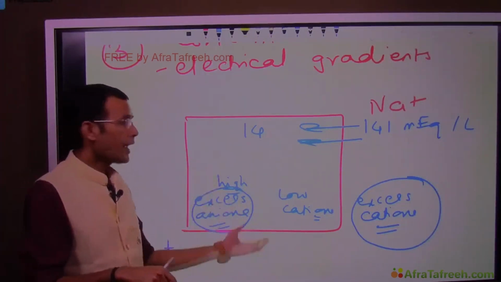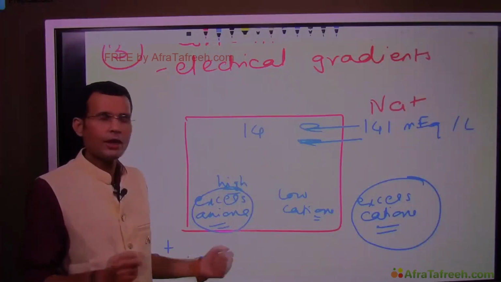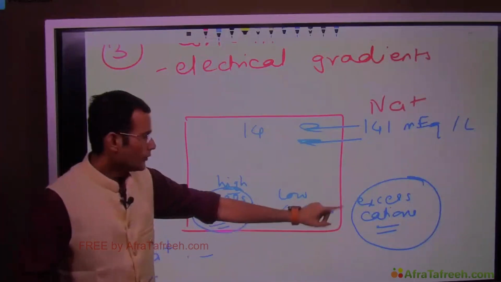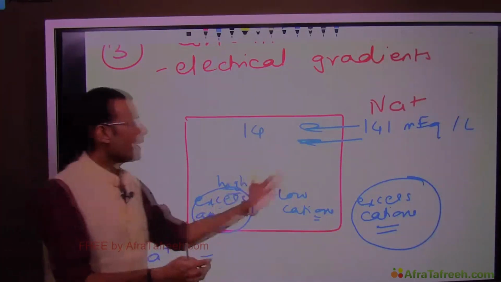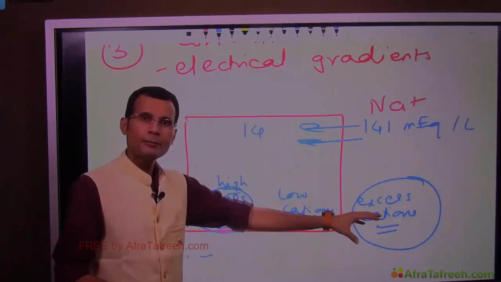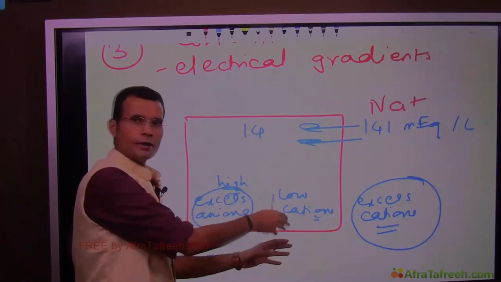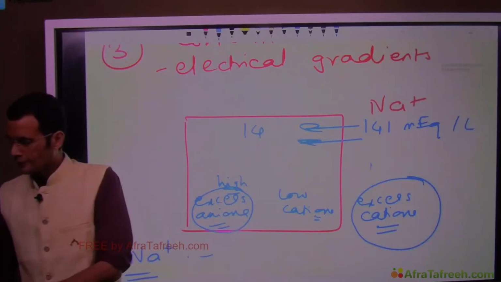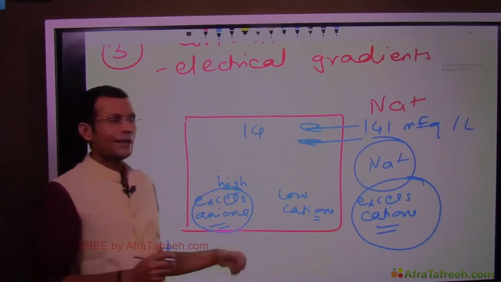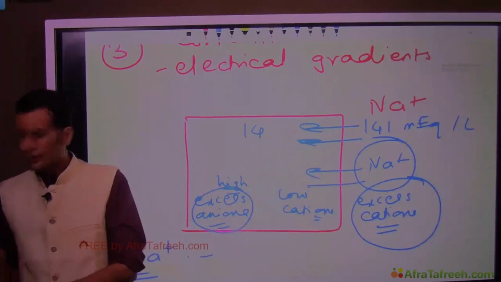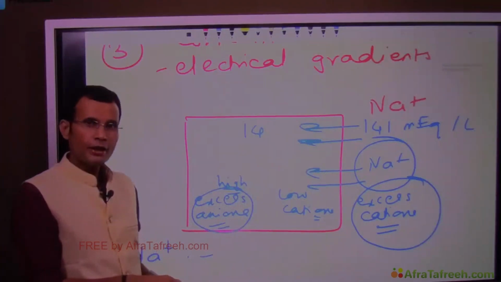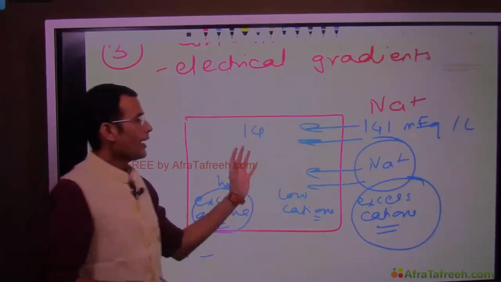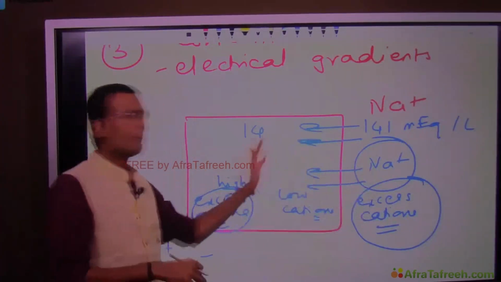We are talking in terms of cations and anions, meaning the electrical charges, and this creates an electrical gradient. So this electrical gradient, with excess cations on the outside of the cell and low cations and high anions inside the cell, causes any cation like sodium to move in from outside to inside. So this time I will use the expression: sodium will diffuse from high number of positive charges to low number of positive charges.